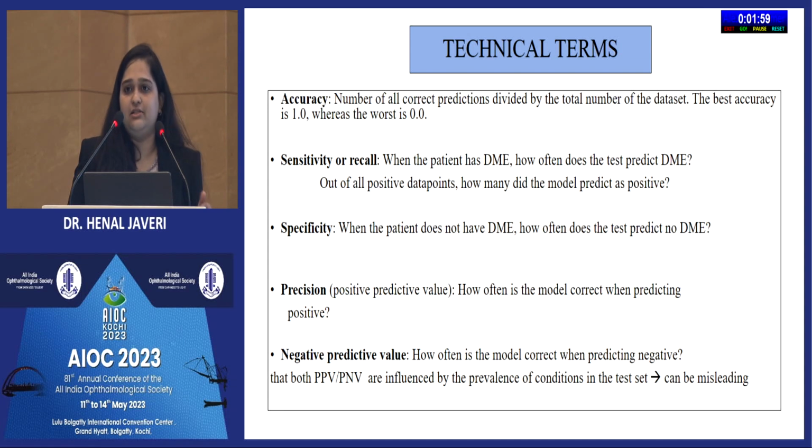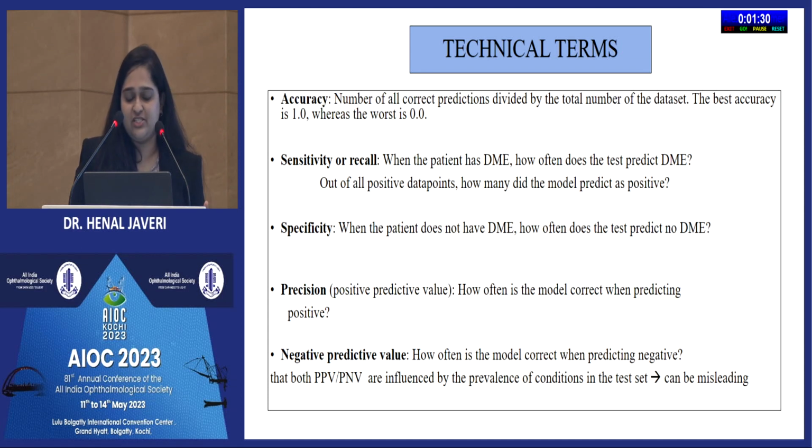So various technical terms that we must look for are the accuracy, that is the number of all correct predictions divided by the total number in the data set. The best accuracy being 1, the worst being 0. Sensitivity or recall, that is when the patient has diabetic macular edema, how often does the test predict the same? Meaning, out of all the positive data points in a particular sample, how many did the model predict as positive?